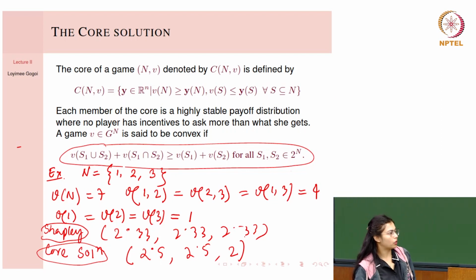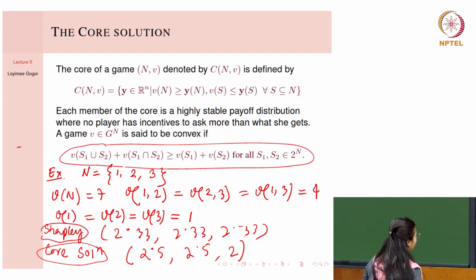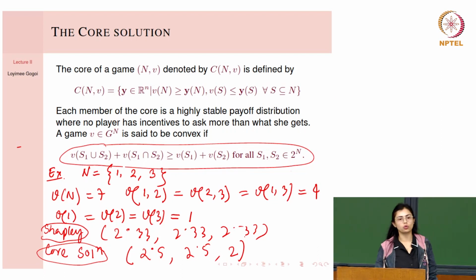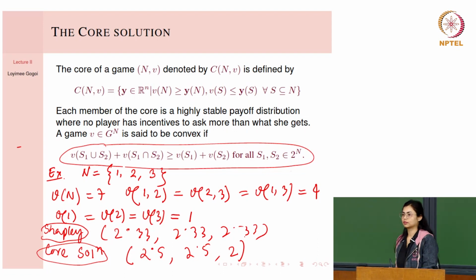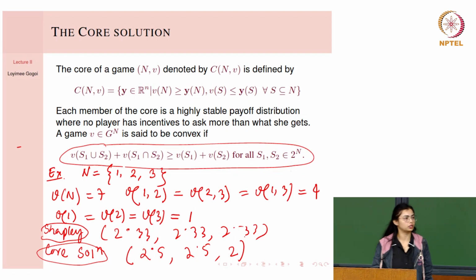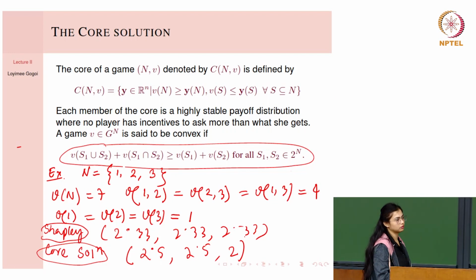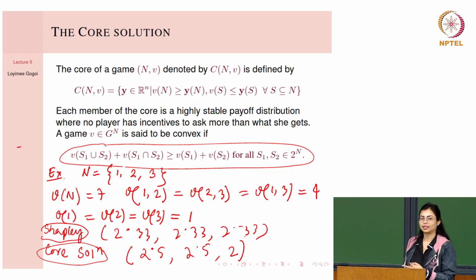As I said, for a convex game, the core is non-empty. And do you think this Shapley value is also a core solution? Is it satisfying all the conditions of the core? Do you agree or not?